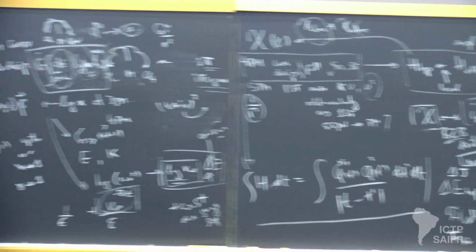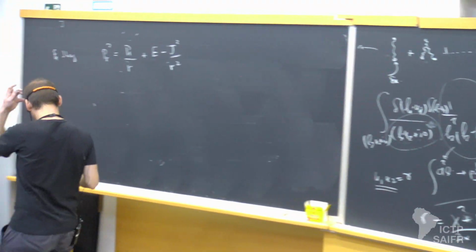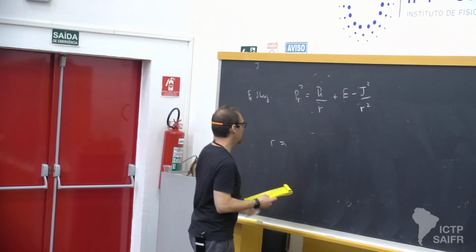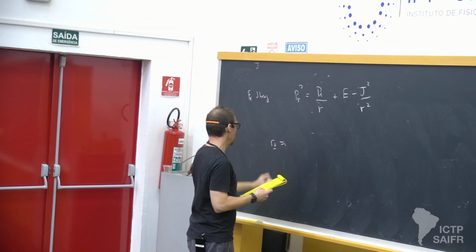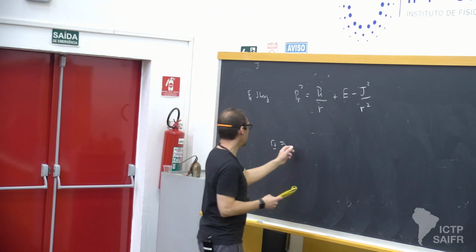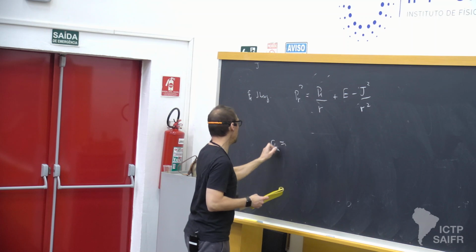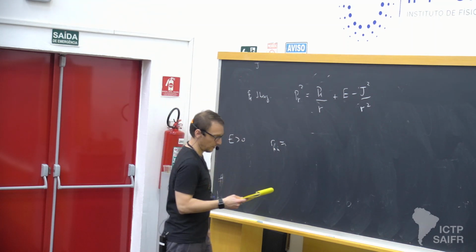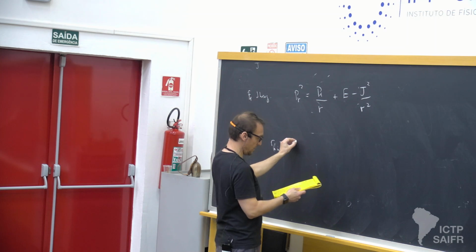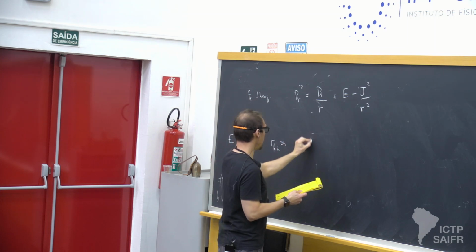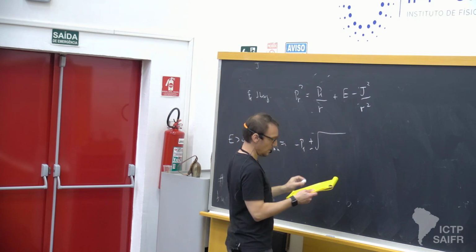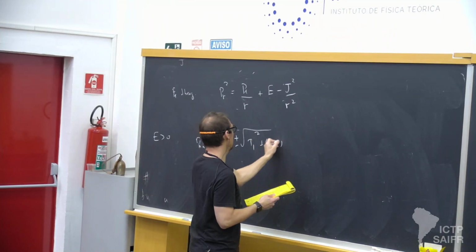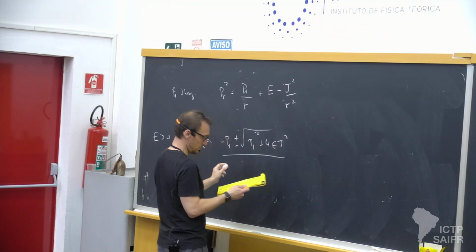And then we look at the zeros. And then you look at the zeros of this, and there will be different zeros. For example, if we are now looking at the positive case, then you have minus P1 plus minus the square root of P1 squared plus 4 E G squared, over 2E.